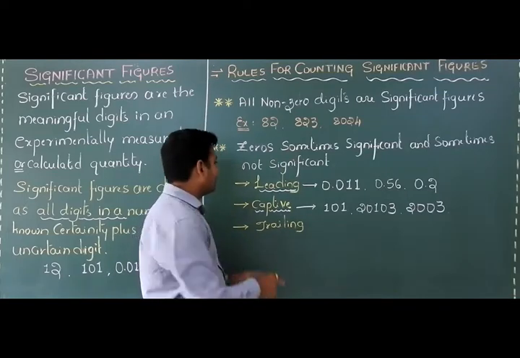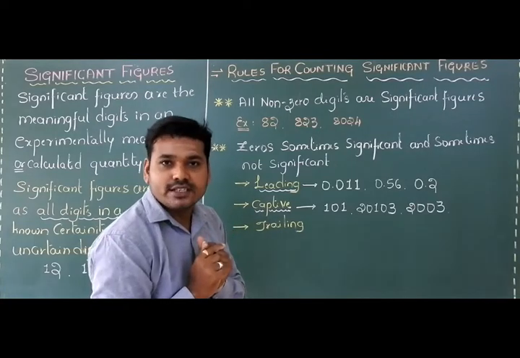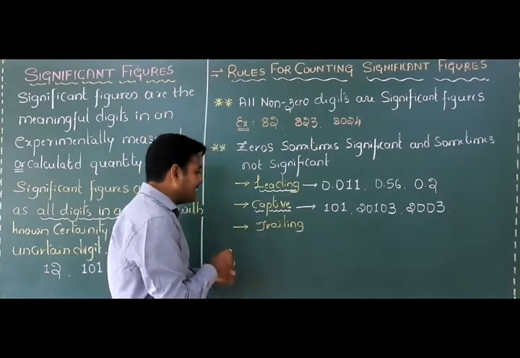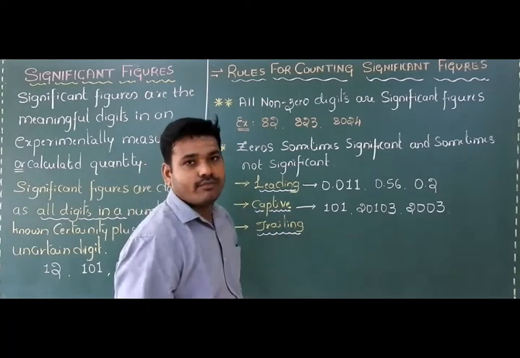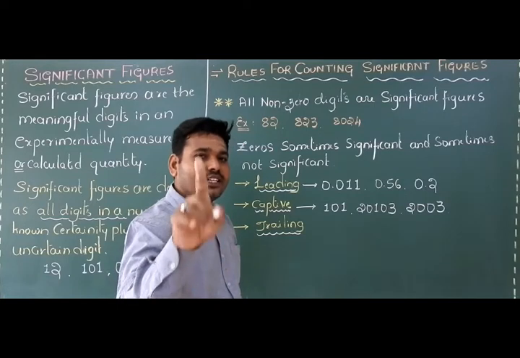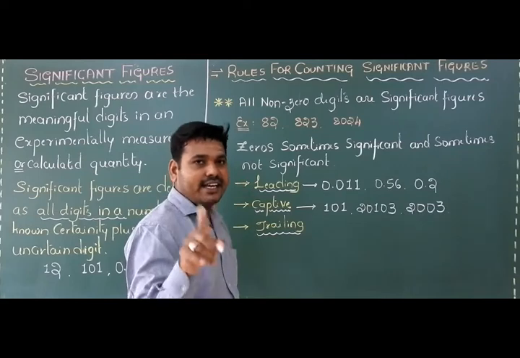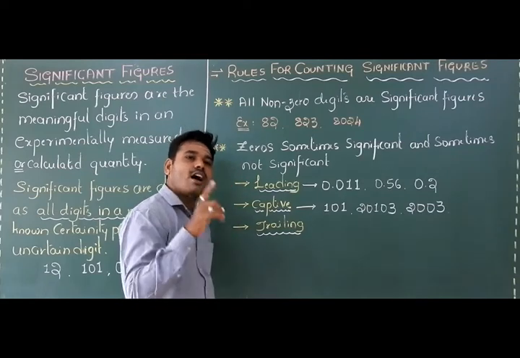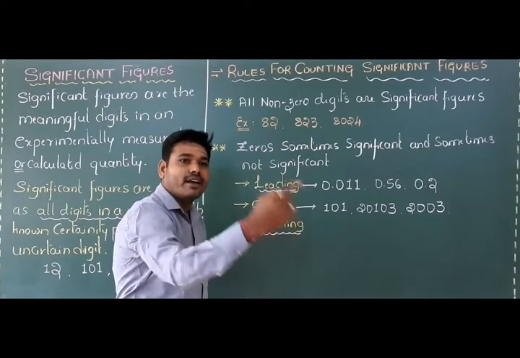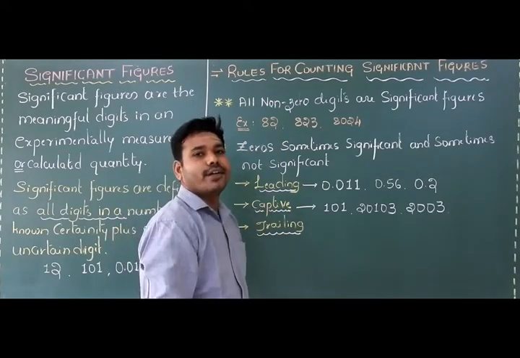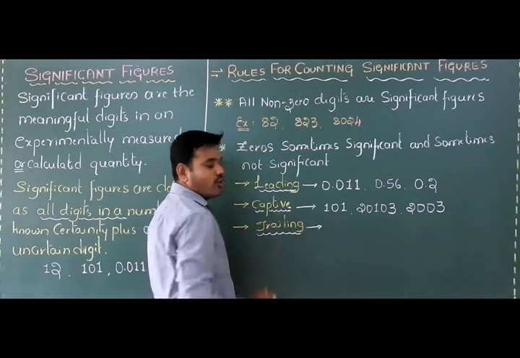The first category we call a leading zero, and the second category we call a captive zero, students. And now coming to the third category, the third important category we call trailing zeros. The trailing zeros are the zeros which are present on the right end of the number. Such types of zeros are called trailing zeros.